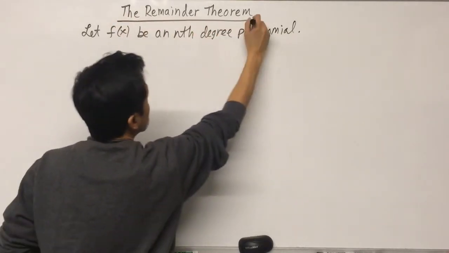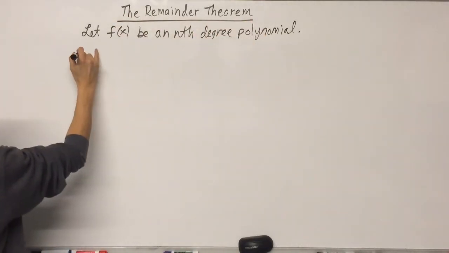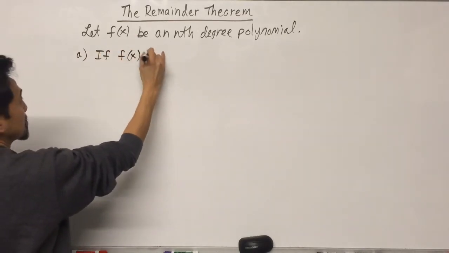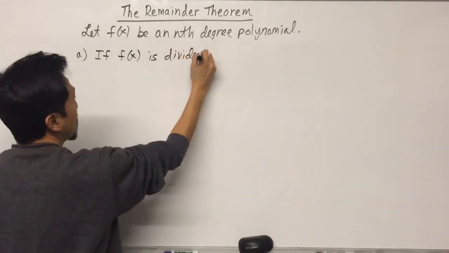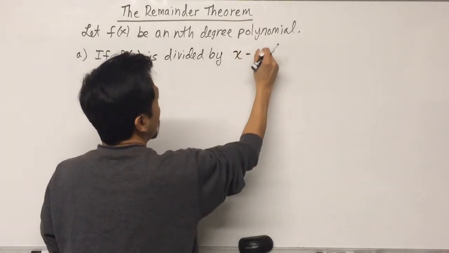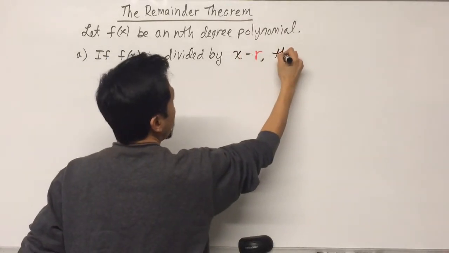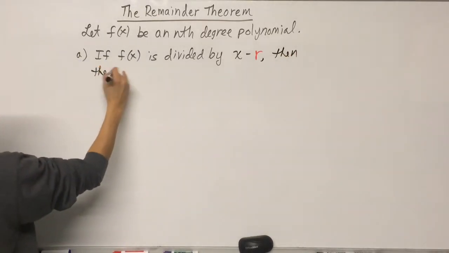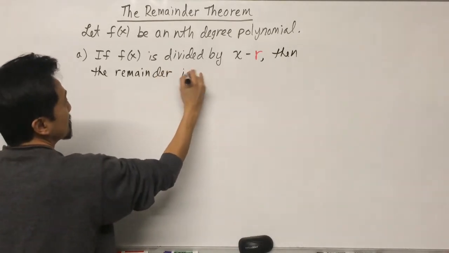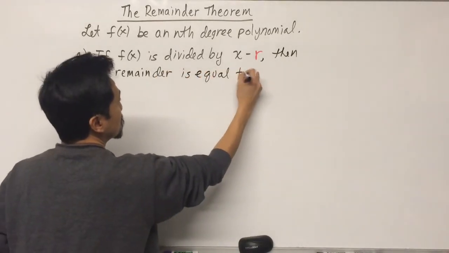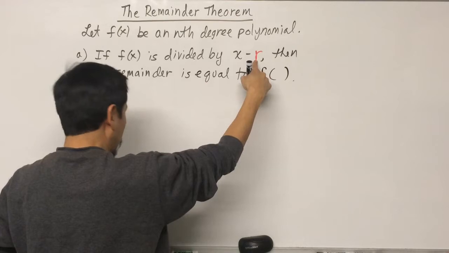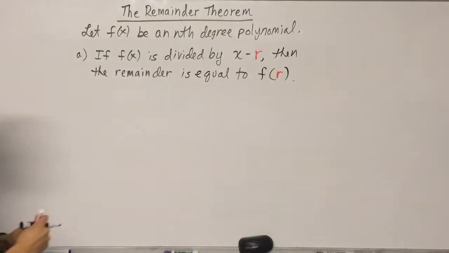Okay, so if the polynomial f of x is divided by a first degree polynomial called x minus r, then the remainder of that division is equal to the function f evaluated at that number r in red. Okay?